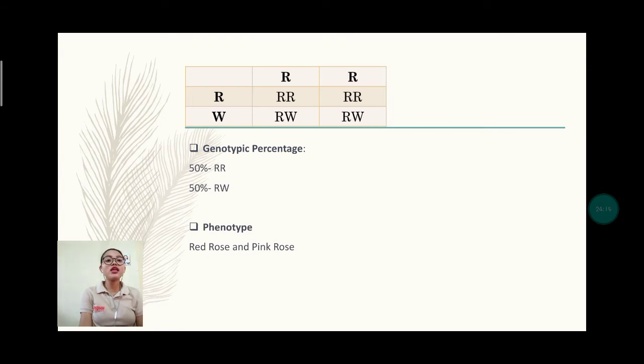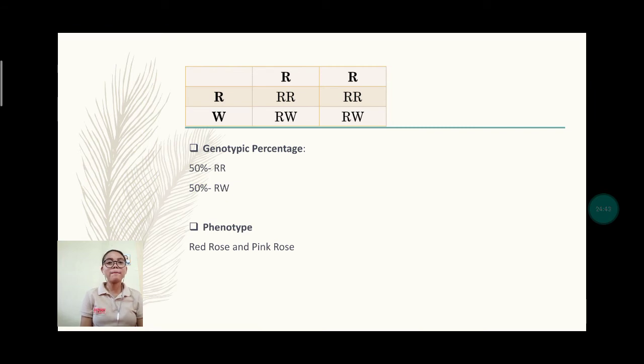Okay, using the Punnett square, what do you observe? R times R will result in double big R, R times W, RW, R times W, RW. So the genotypic percentage of this is 50% and 50%.